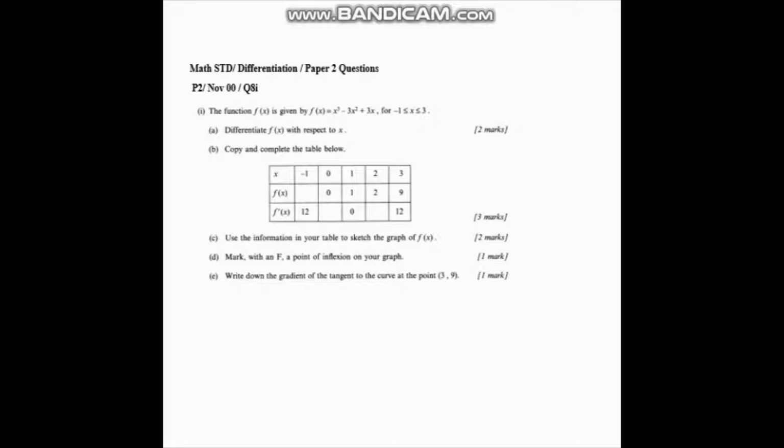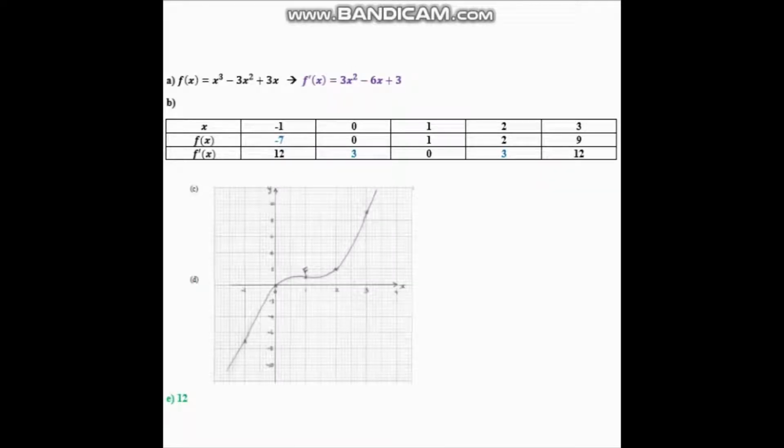Next, you are required to copy and complete the table below. So when x equals -1, if I want to find f of x, I simply plug -1 into this function, and this shall give me -7.